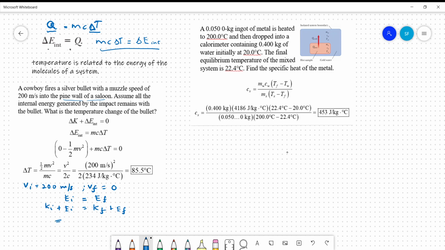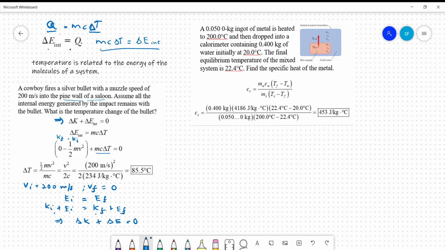Then Kf minus Ki gives delta K, so delta K plus Ef minus Ei, which is delta E, equals 0. That's why we have this equation. Now delta K is K final minus K initial, and delta E equals mc delta T.